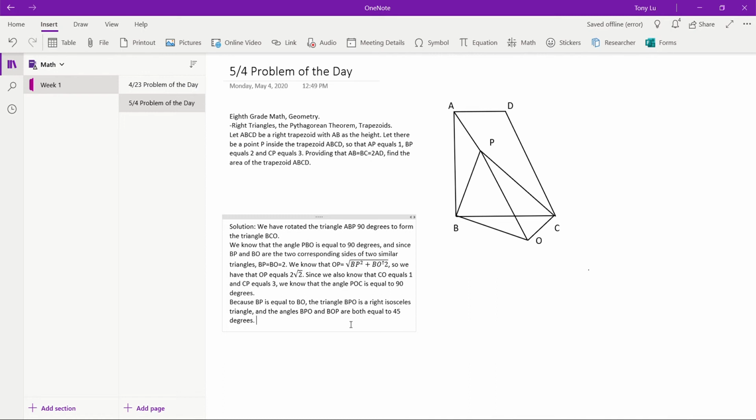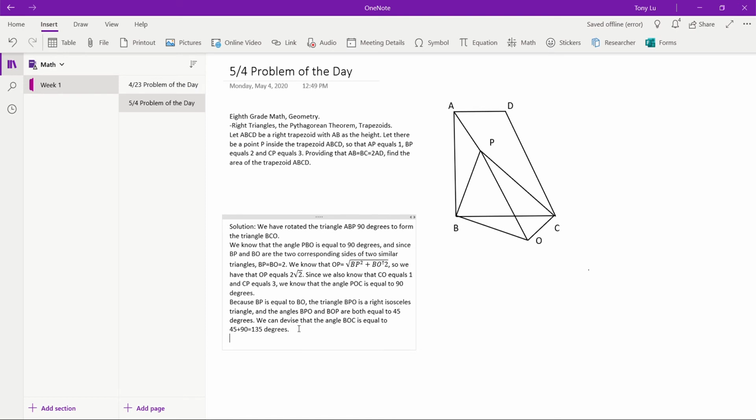What is kind of fun about this is that we can devise that the angle BOC is equal to 45 plus 90 equals 135 degrees. What is important about this?